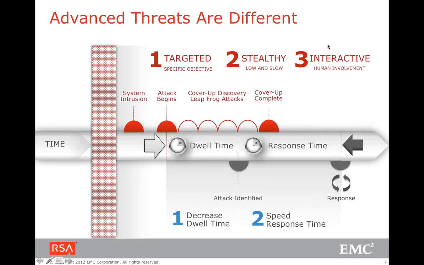The other important aspect of an APT is that there is always human involvement. Social engineering plays a major role in every APT that becomes successful. So we need to factor in the human involvement, and that the attacks are low and slow, happening over a period of time as long as maybe 6 months, and that they are custom built.